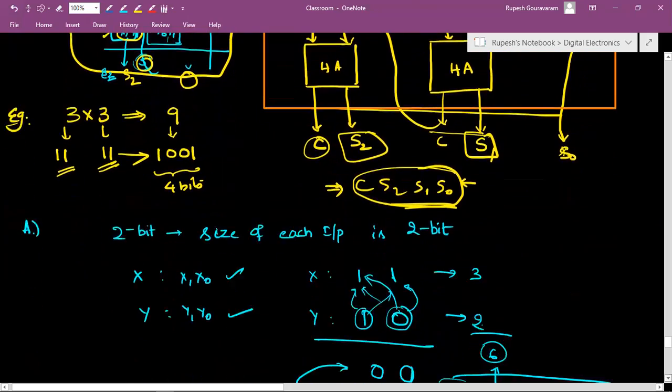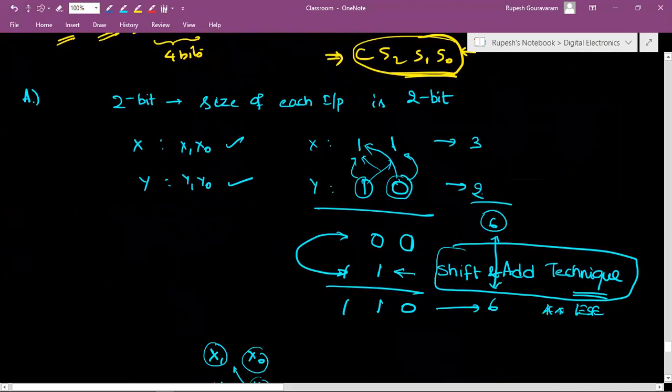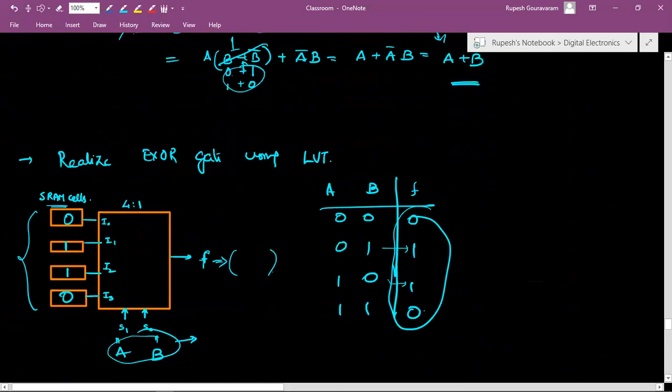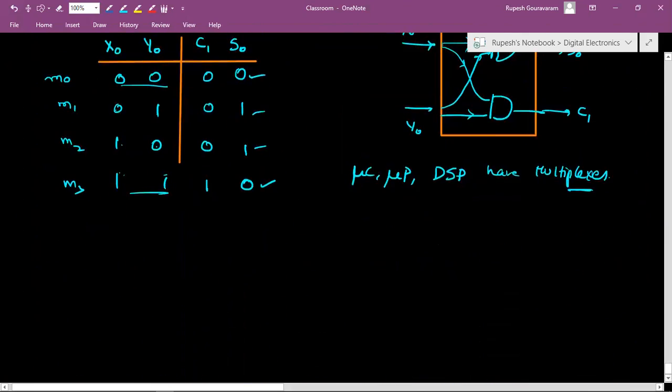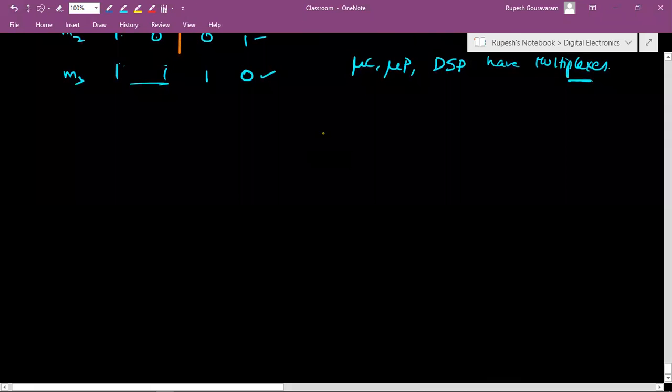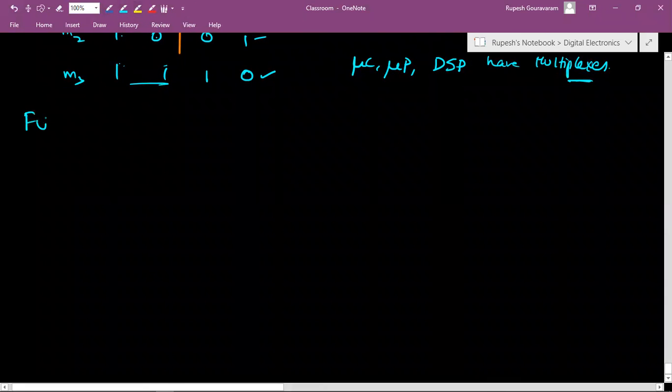Now finally in this session, let us see what is full adder, because we have seen half adder. It will be easier now to see what is a full adder. Full adder means we'll have 3 inputs. Previously we had only 2 inputs, x and y.